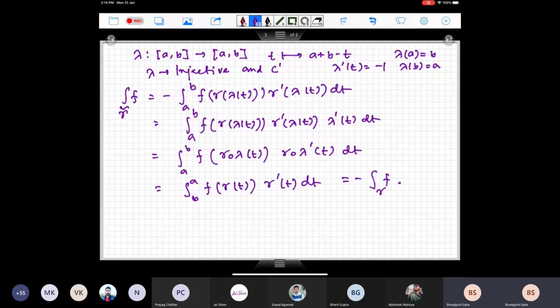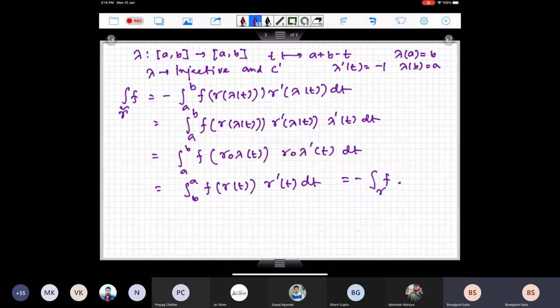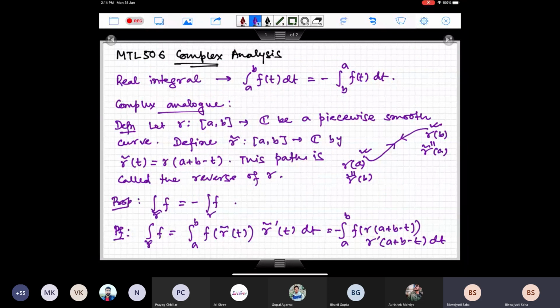One has to be a little bit careful about what we are doing. First of all, here I had a minus already from the last step, which was a minus over here because we were taking gamma prime. So I got this minus. I could have also said here itself how I see gamma prime in terms of gamma composed lambda.